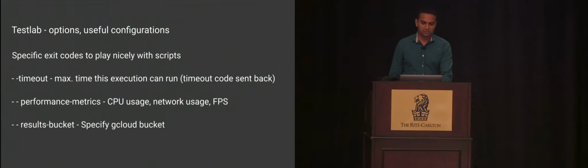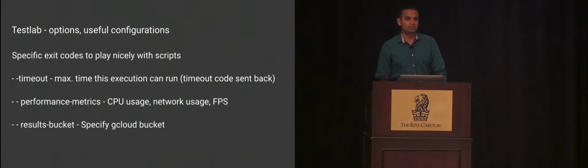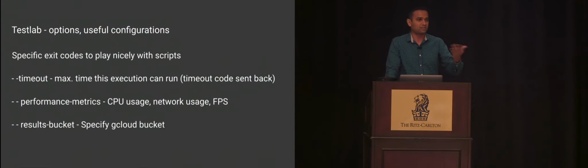Okay, so this is an interesting part: you can specify the results bucket. By default, Firebase creates a bucket where all the Test Lab artifacts are uploaded, like the test APK, the reports, the coverage reports. You can specify your own bucket, and once the test is done, you can just delete everything from there, so your APK or a report is not hanging out there somewhere if you want.